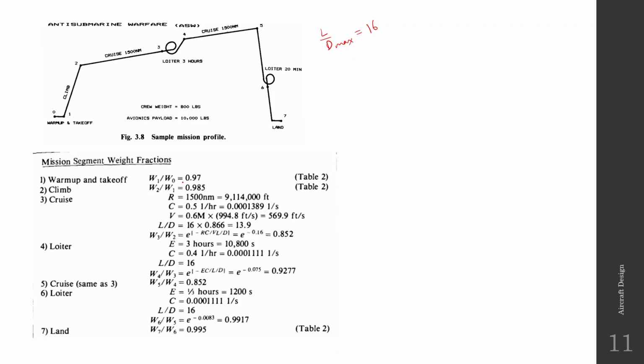First, we have to estimate the weight ratios for each of the segments of the flight, from 0 to 1, 1 to 2, 2 to 3, and then we'll multiply all the segments to get the total fuel fraction. Then we'll estimate the empty weight from historical data, and that is how we'll converge to the final takeoff weight.